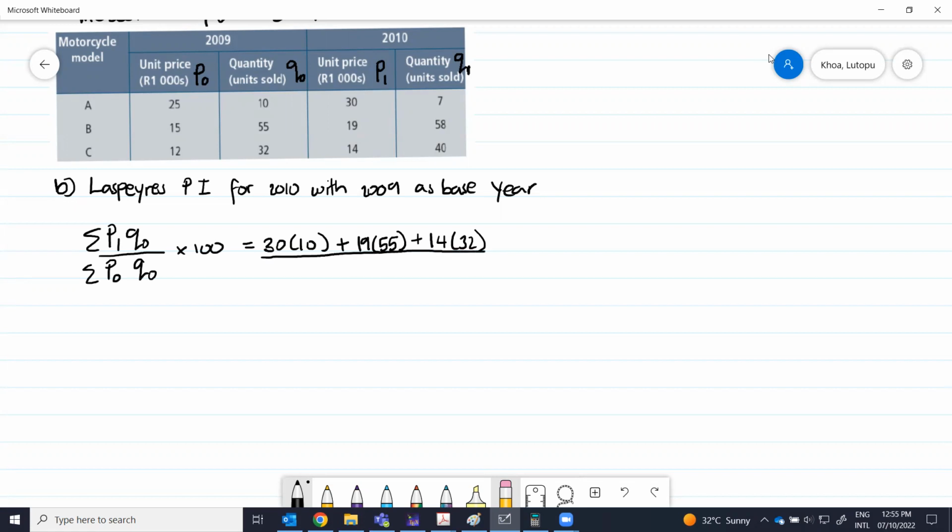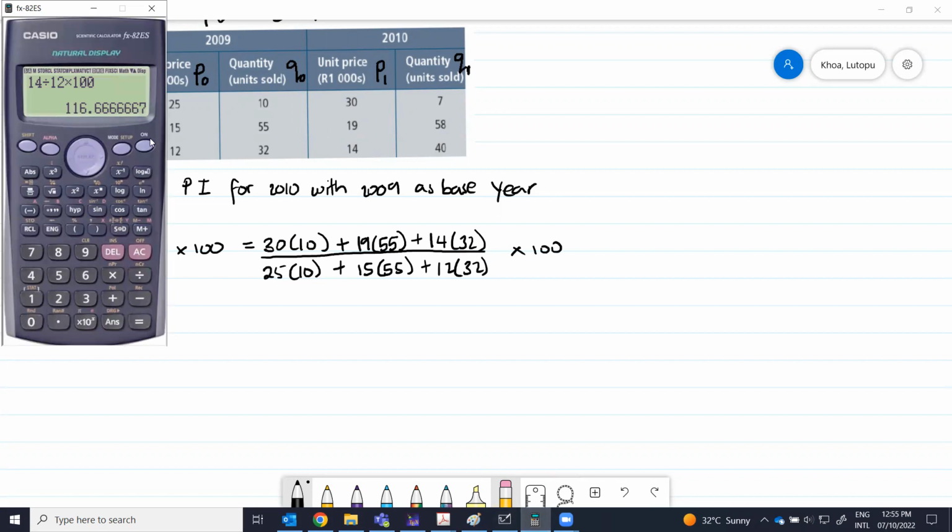And then we do the same thing in the denominator, P naught times Q naught. So it's 25 times 10, 15 times 55, 12 times 32, and this we multiply by 100.